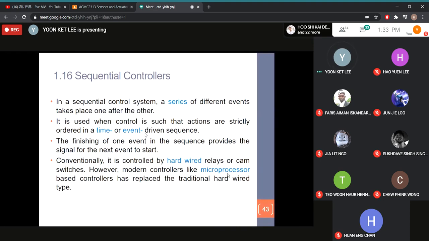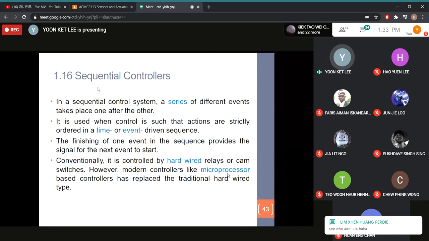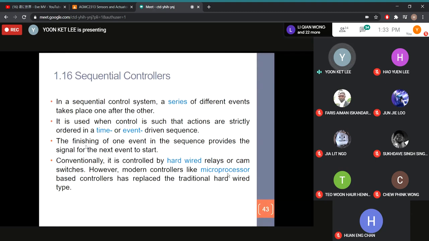Event-based is when you sense, for example, the water level using a level sensor. When it reaches the target, then you can do the next thing, maybe turn off the valve so that no more water flows in. One is time-based and one is event-based; both can be used for sequential control. So the finish of one event in the sequence provides the signal for the next event to start.